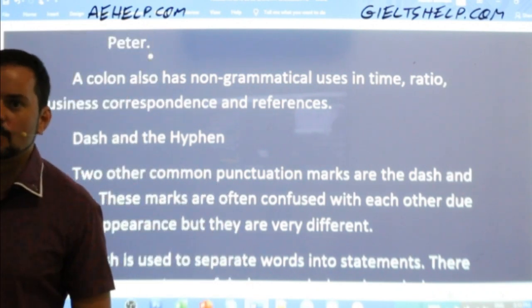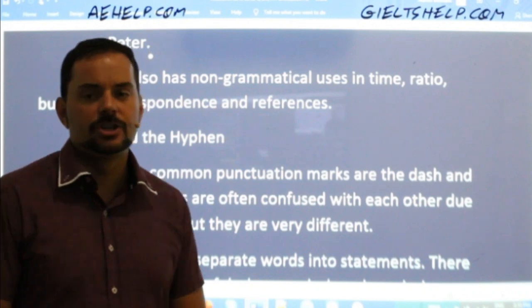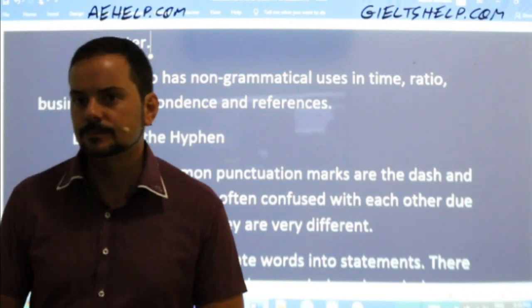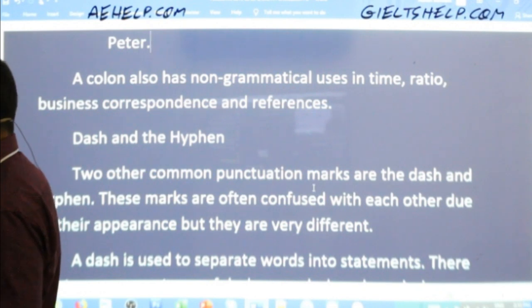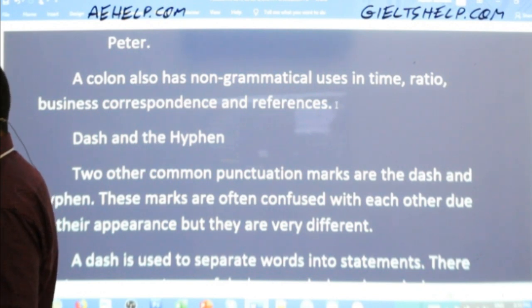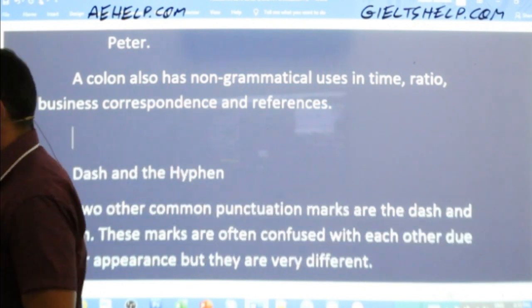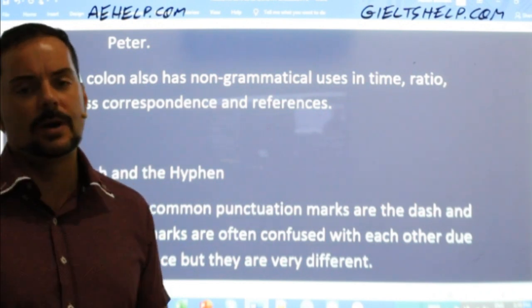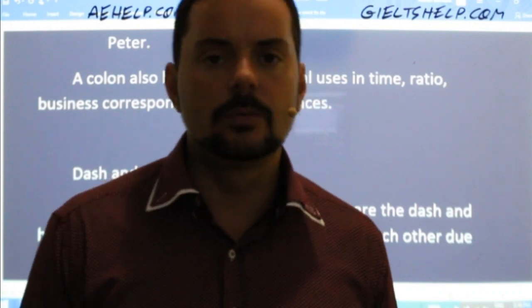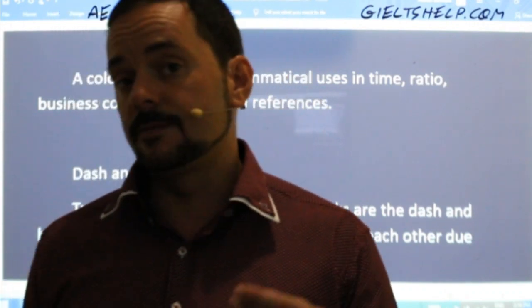I want to cover one more important punctuation mark. Some of you might be thinking, but you said you'd tell us how to use the colon in task 1. So in task 1, you can use the colon. It's a technical piece of expository writing. Expository technical writing is where we see colons used for lists.